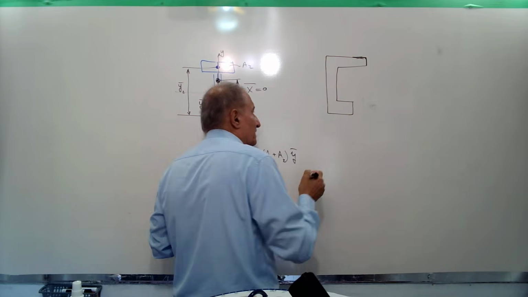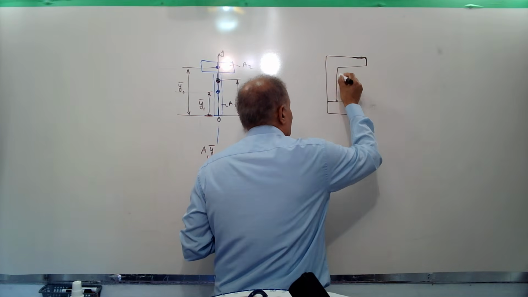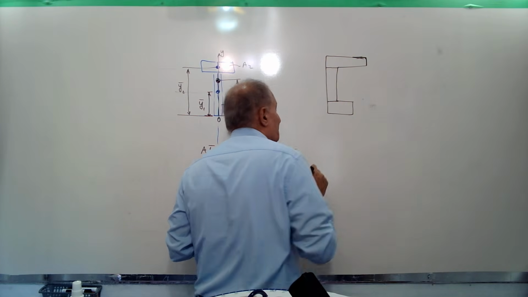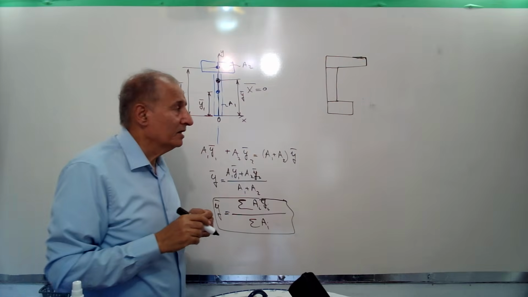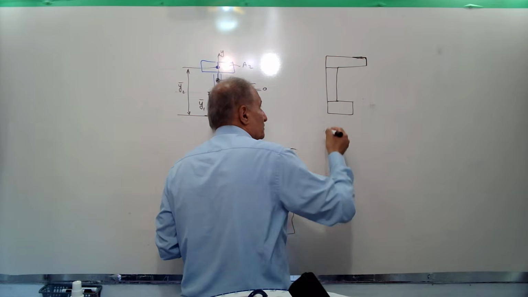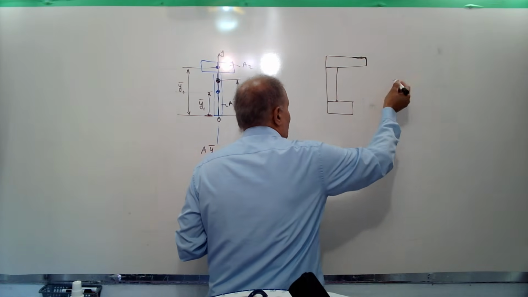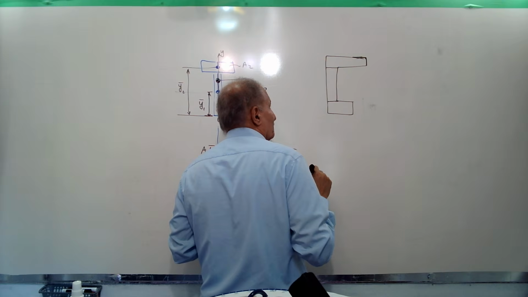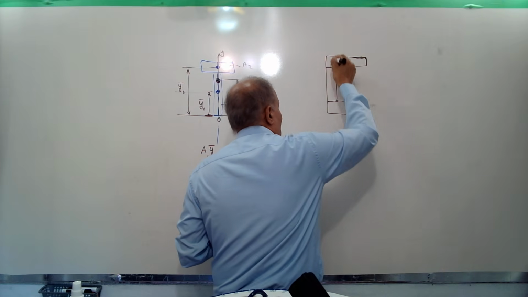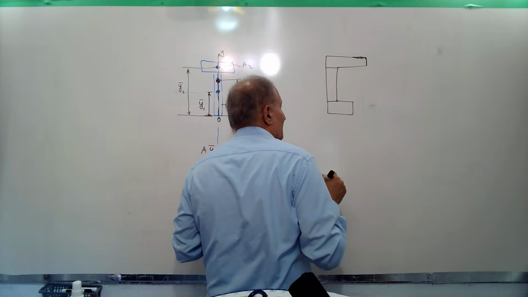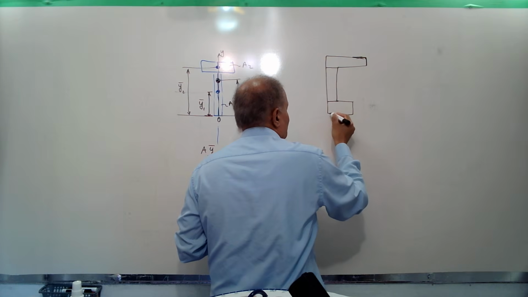In this case, you can divide it into three simple geometric shapes. Now you have no horizontal axis of symmetry and no vertical axis of symmetry. Then you can choose the origin, for example, this corner.